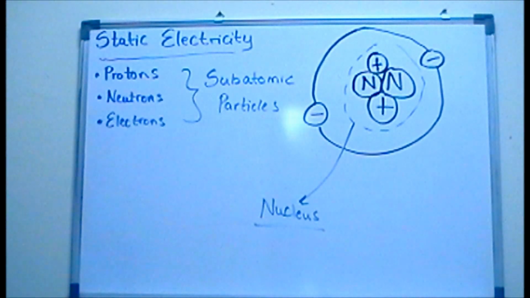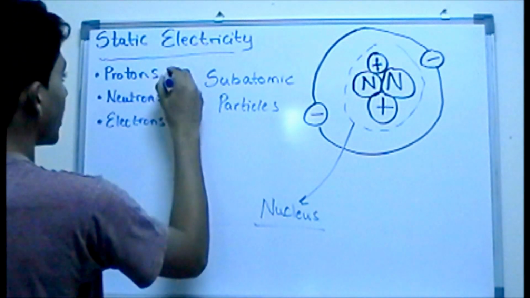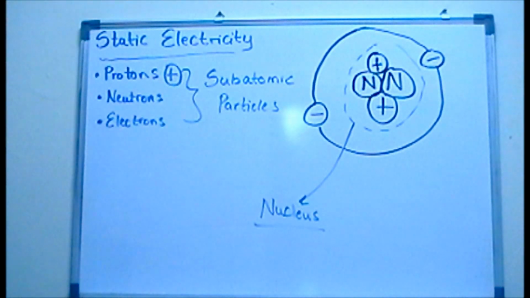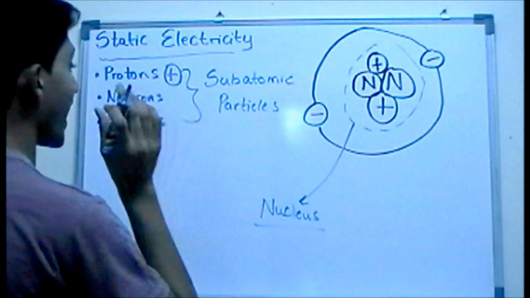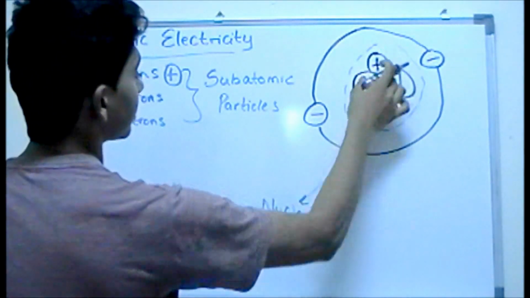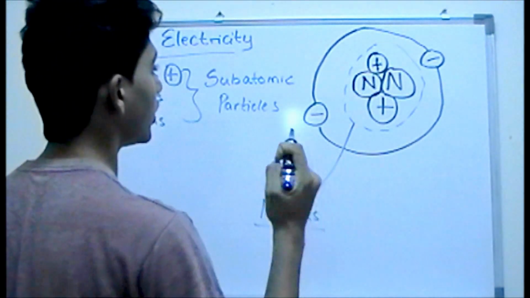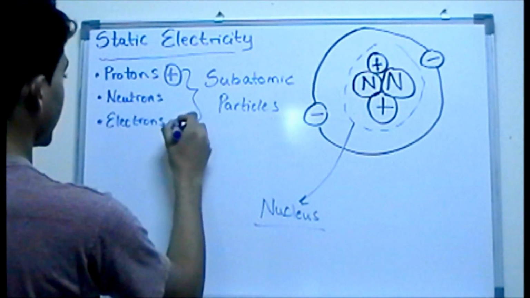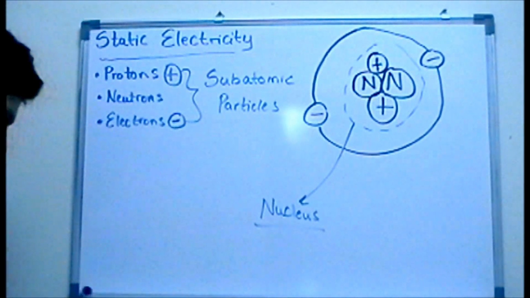Now let me talk about protons, which are positively charged particles. Protons are much larger and more massive than electrons. So these particles over here are more massive and huge than the electrons, which are negatively charged particles.